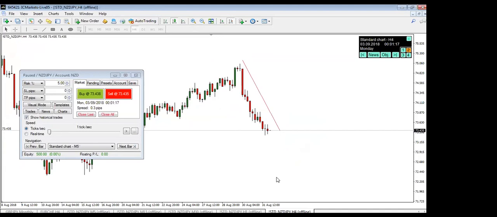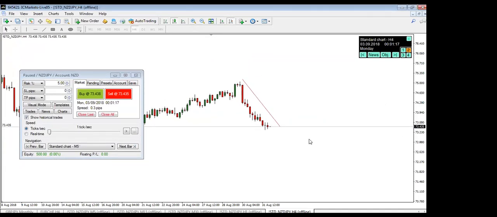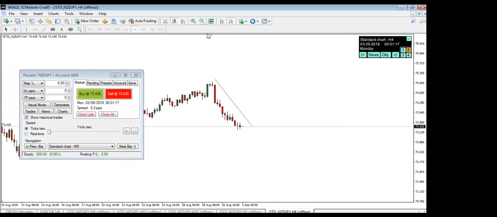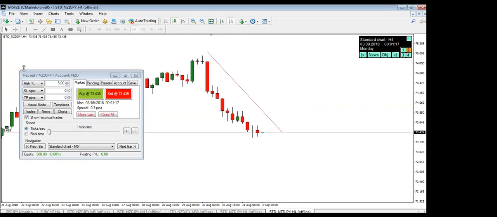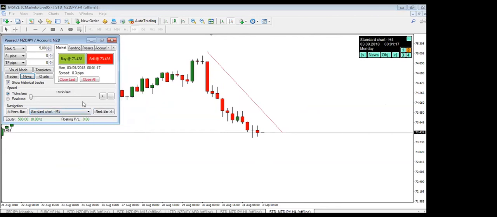So the trend for this pair at the moment is bearish. It's going down. Correct. I need to make it a little bit bigger. If you can, sis, put your box in the left-hand corner for us, please, out of the way of the chart. Yeah, perfect, thank you.